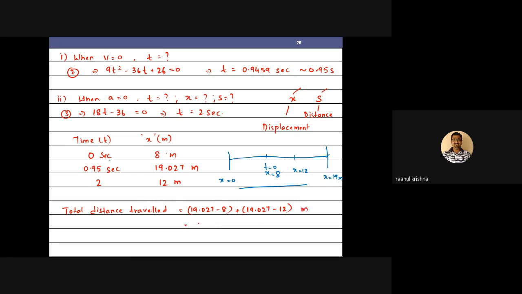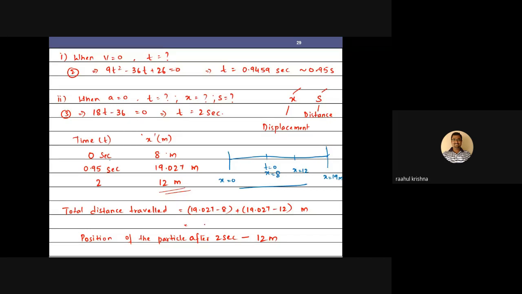And that much meters. And what is the final position? Position of the particle after 2 seconds. That is 12 meters, right? So that is my final position, and this is my total distance.